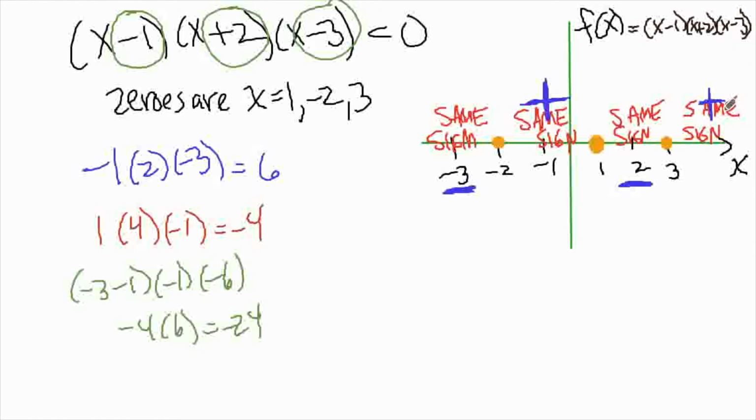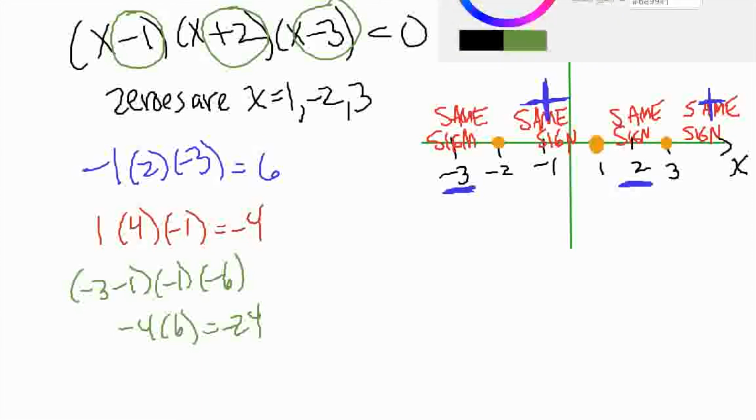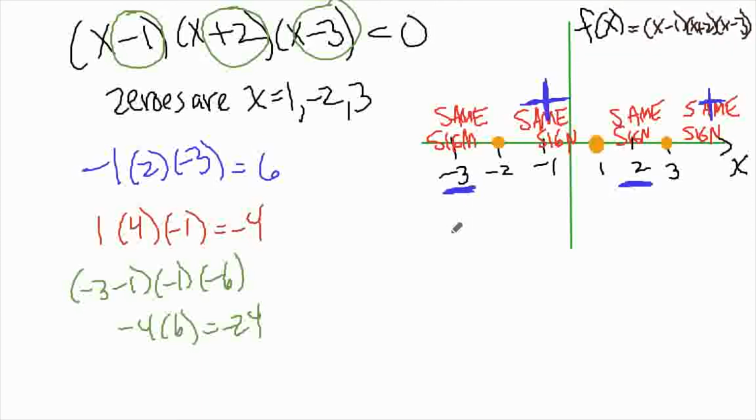Now, once you've done that, you've solved this. Why? Think back to our original goal. We wanted to find the subset of the domain of this function where the function was less than 0. Look at our sketch there with the blue plus and minus signs, and can you see that the inequality is satisfied?